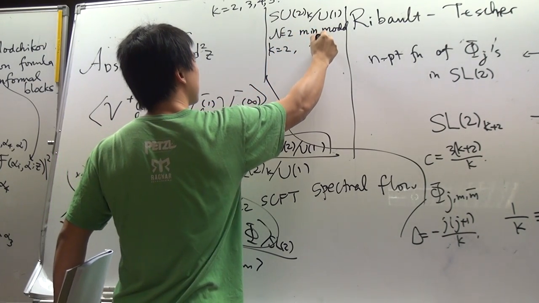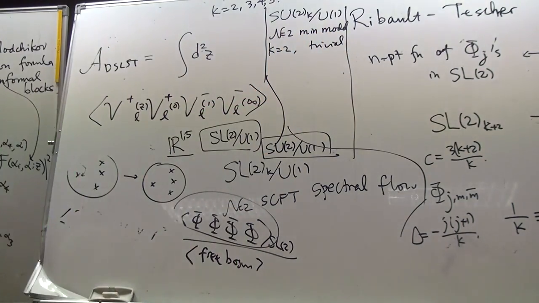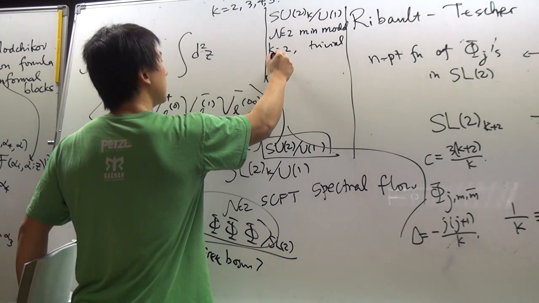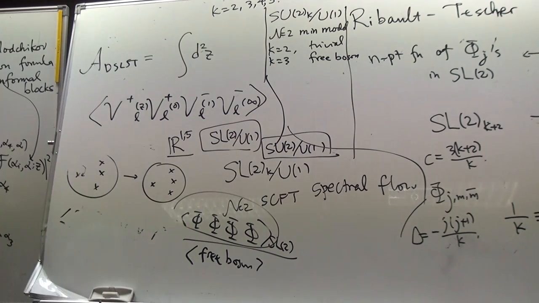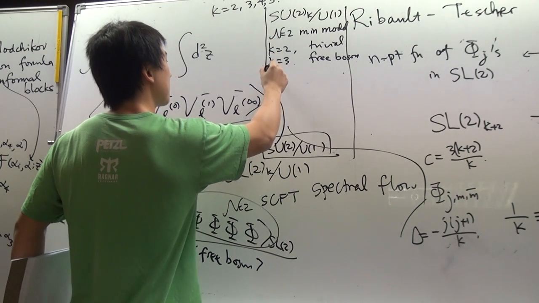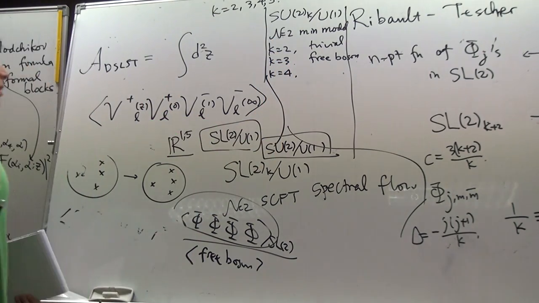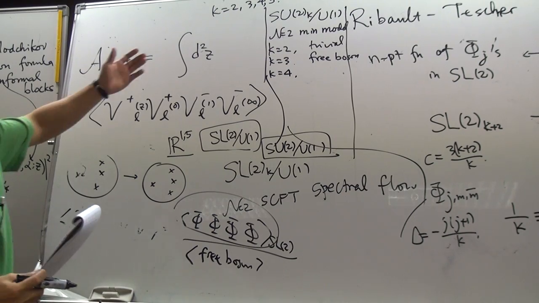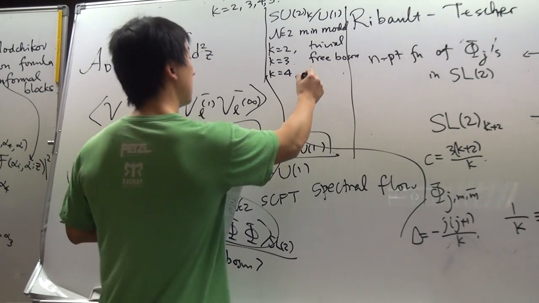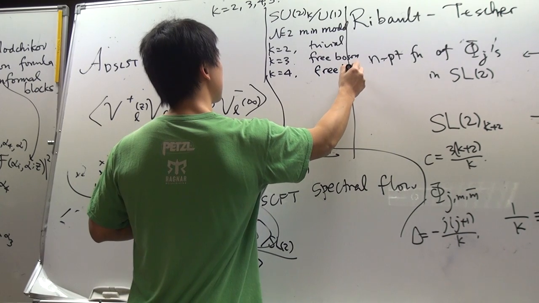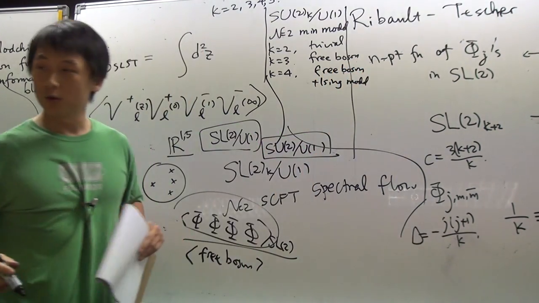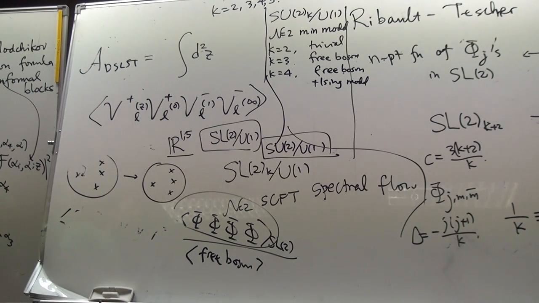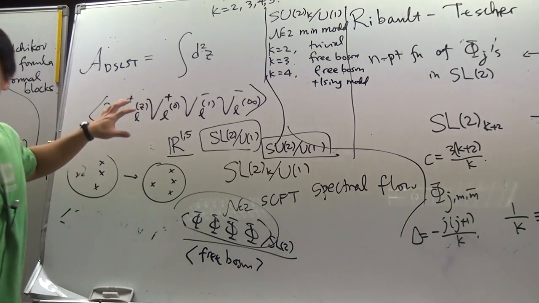Central charge equals 0. This is a trivial theory, just the identity operator. K equals 3 is a free boson theory with some radius, 1 over square root of 3. K equals 4 is the supersymmetric minimal model. The operators in this model can be constructed by taking a free boson plus the Ising model, and one needs to use the disorder operator in the Ising model to construct the relevant primary that will enter this vertex operator.